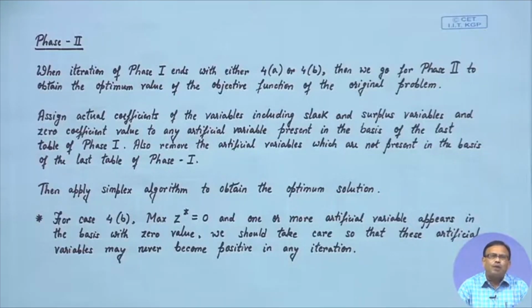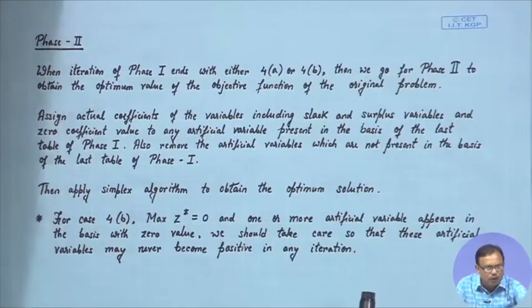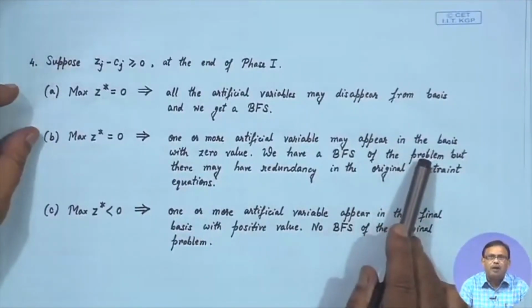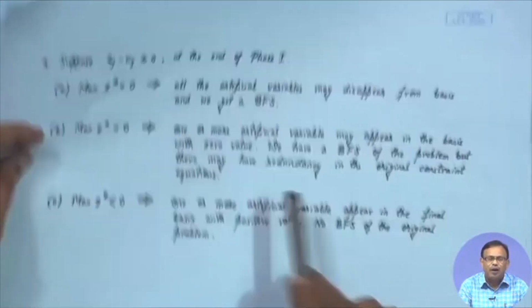In case of 4b, that says that one or more artificial variables may appear in the basis with 0 values.